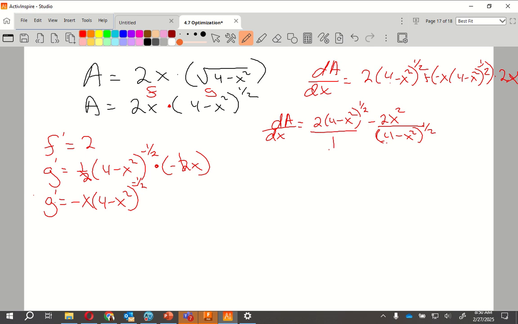And since we are optimizing, I'm going to have a common denominator first. So common denominator, I'm going to multiply this one here times this to have a common denominator.